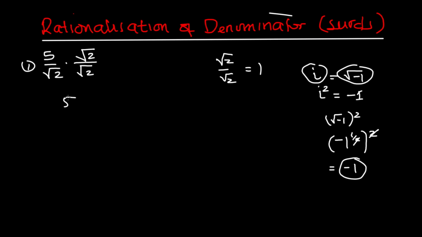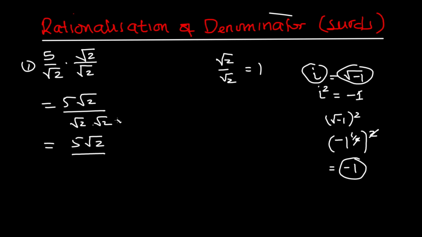So now we have 5 root 2, and then here we'll have root 2 times root 2. Now, we need to be careful here. We know that this is 5 root 2. We can't do much with that.